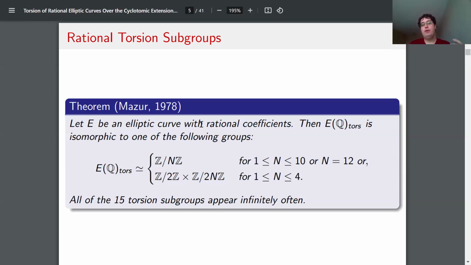Also importantly, all of these 15 torsion subgroups appear infinitely often, over infinitely many different elliptic curves. His result kickstarted a bunch of research on torsion. Lots of people tried to imitate his methods and expand on his research.